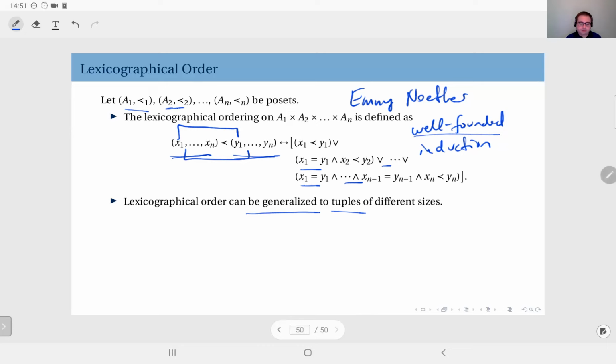So for instance, ABC as a string would be smaller than ABCD, something like this. So in general, lexicographical order can be generalized to tuples of different sizes, and in a general sense, it provides a way to order structures, which paves the way for a generalized induction approach.